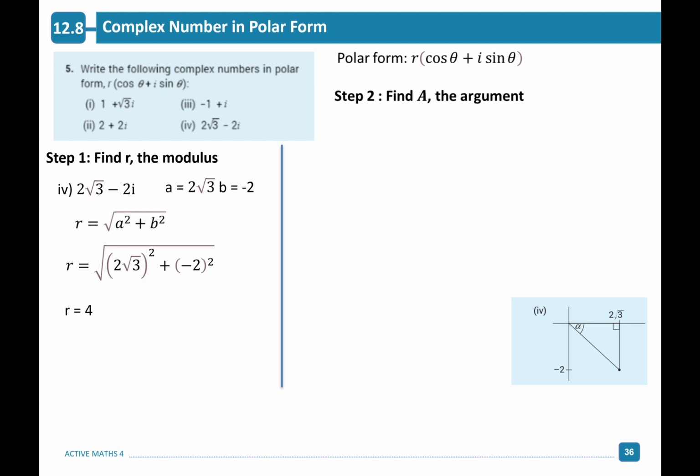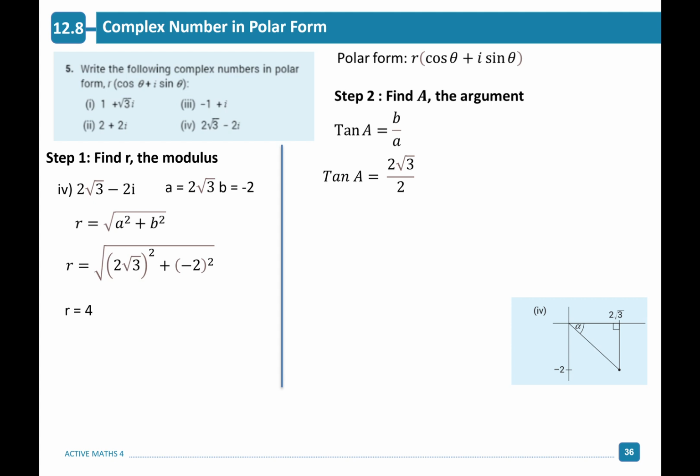We now need to find theta, the argument. Tan of a is equal to b over a. The first thing we do is find our reference angle, or we find a in the first quadrant. That's the positive x and y axis. Substitute your values for b and a into your formula. Please note that I am ignoring the signs.